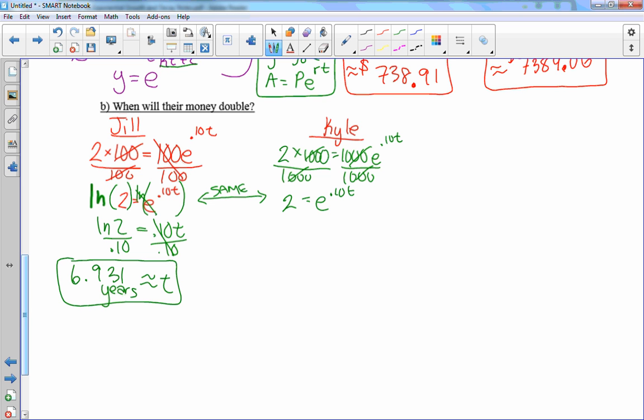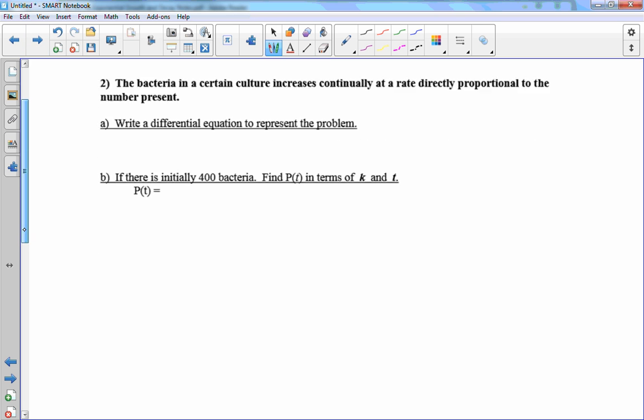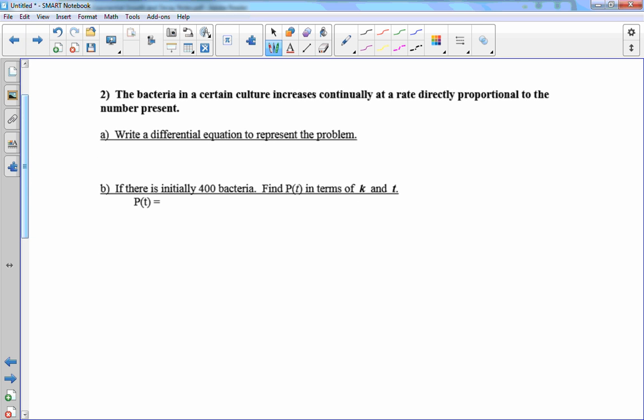Flip it over. Okay. The bacteria in a certain culture increases continuously at a rate directly proportional to the number present. Write a differential equation to represent the problem.